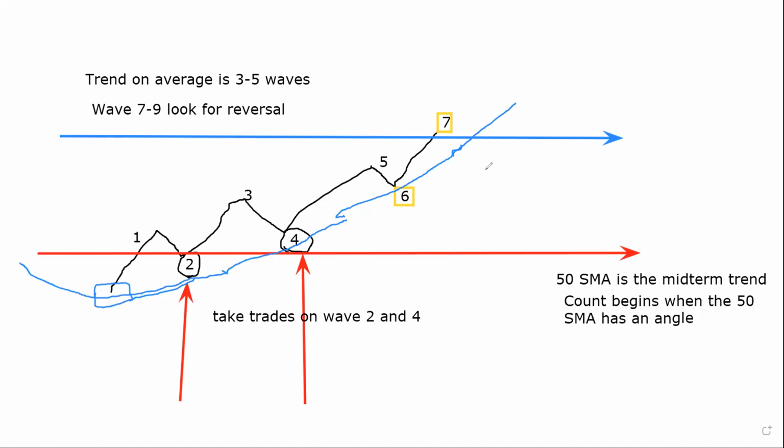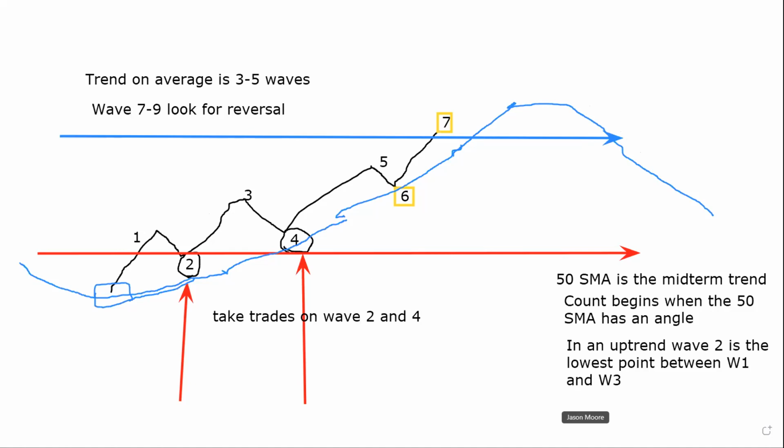So if the market starts to turn flat here, the count stops here, and it starts over when the 50 starts to turn back down. Okay. And in that case, as this is happening, I hate drawing with that.